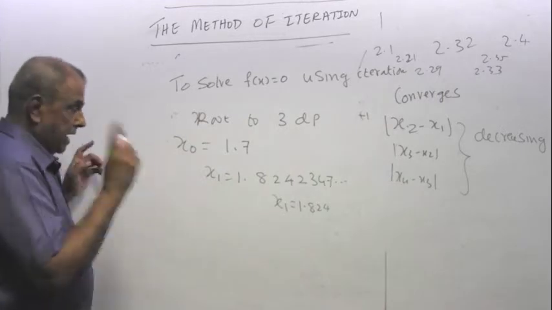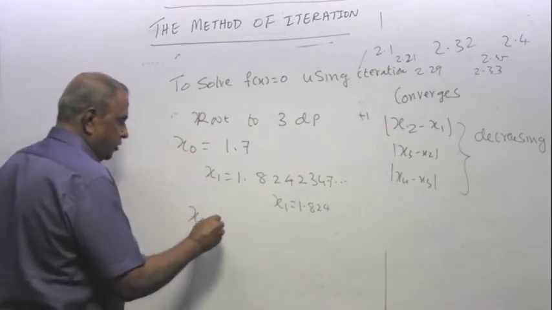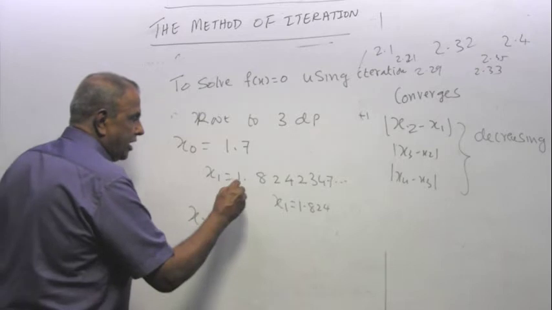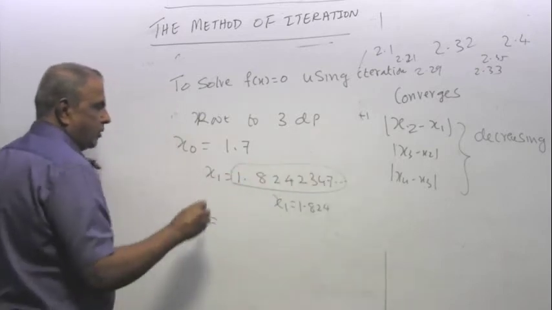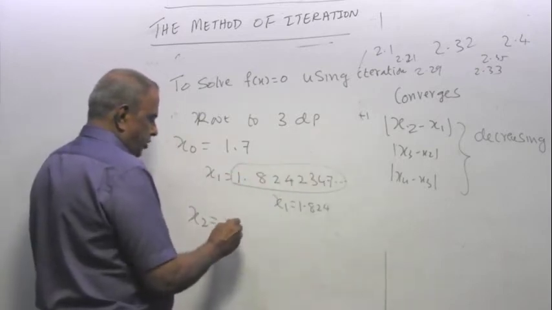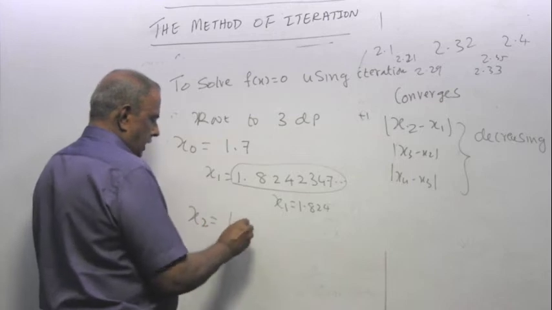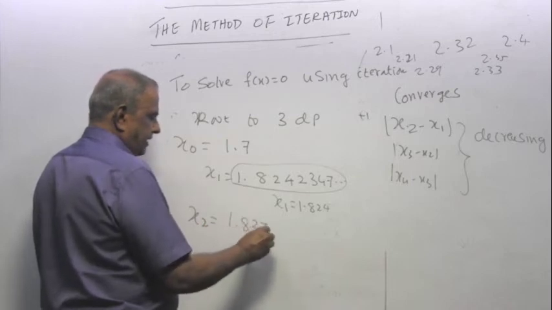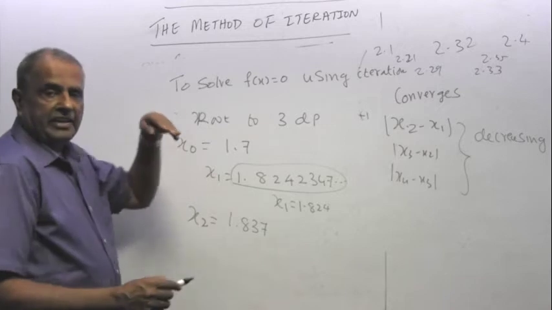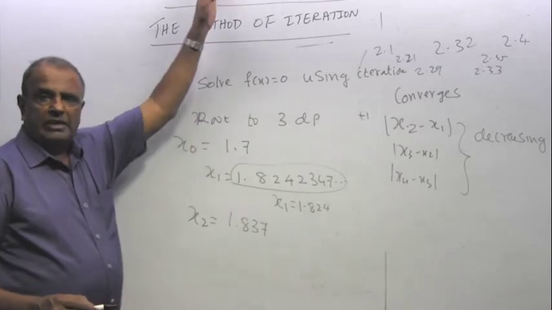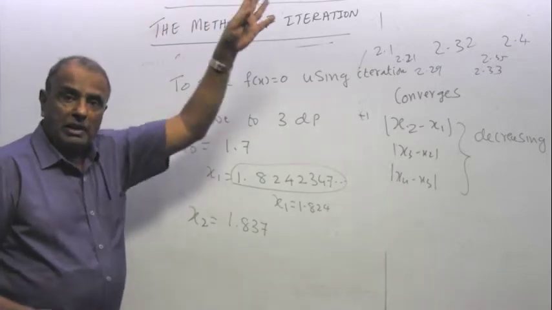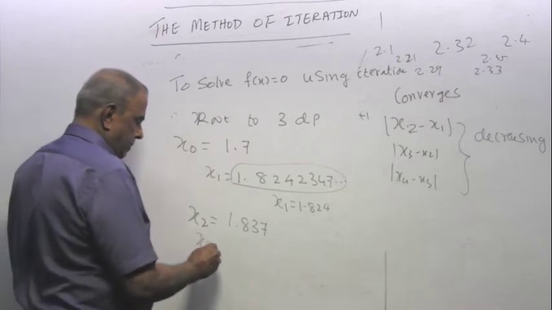But to find x2, you use the calculator value of x1. Let's say you get x2 to be 1.837, I mean 1.8369426413, whatever it is. Use the whole value to find x3.